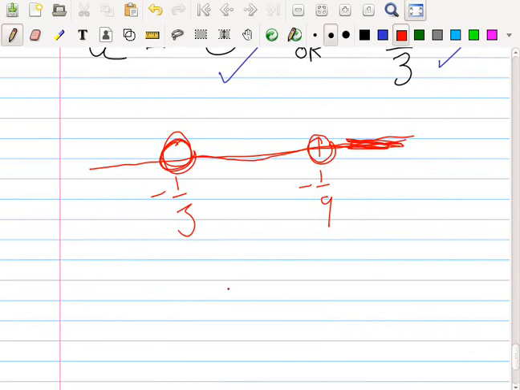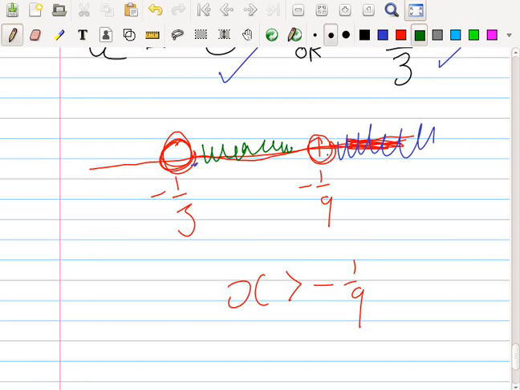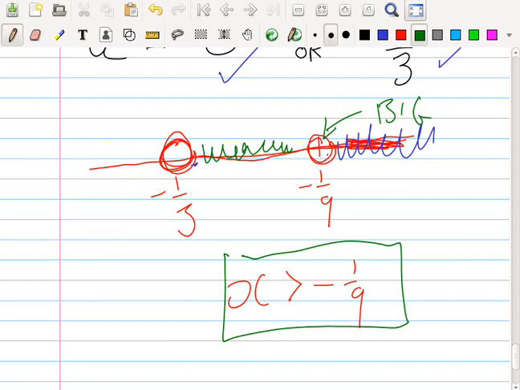So it's enough for me to say x must be more than minus 1 over 9. Because if x is more than minus 1 over 9, it's definitely bigger than that and automatically bigger than this number. Whereas if I just said x is more than minus 1 over 3, it would be bigger than minus 1 over 3, but might not be bigger than minus 1 over 9. So you look at the bigger one, and I got this result.